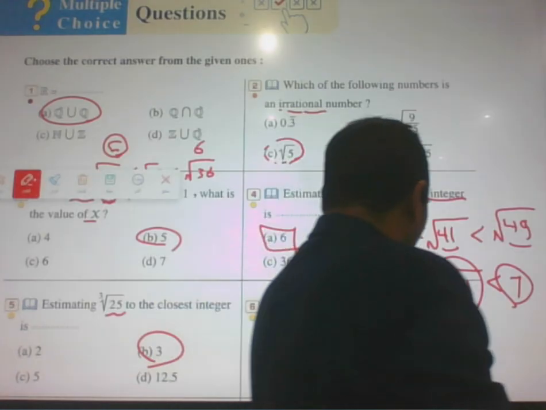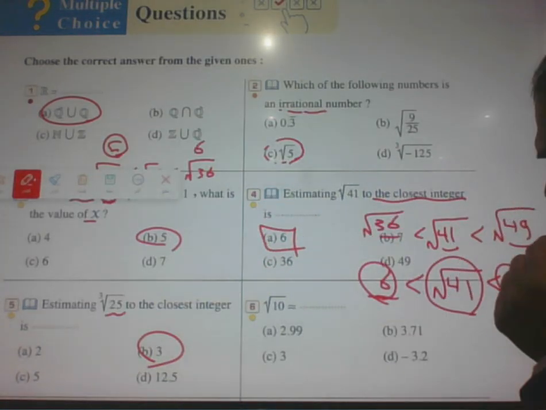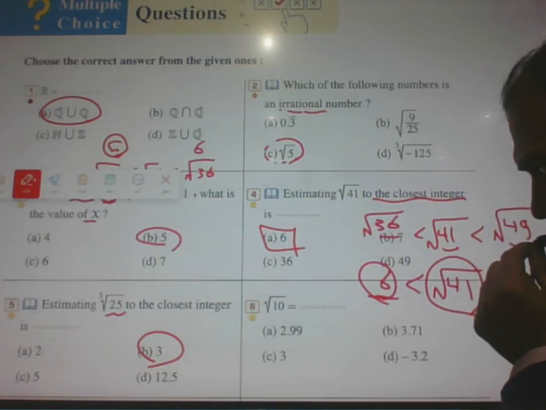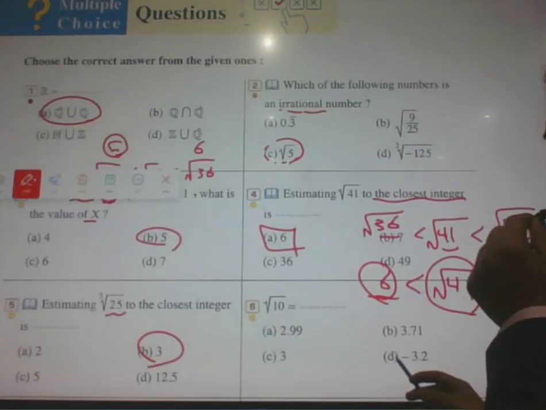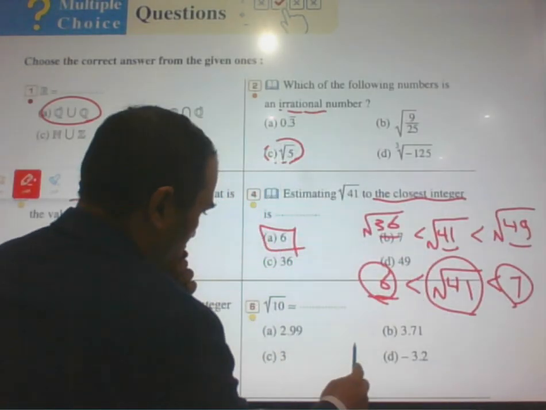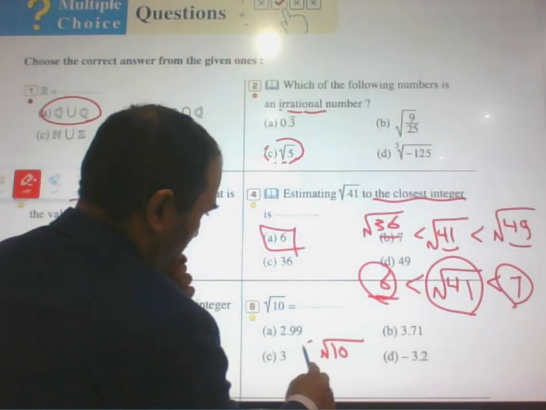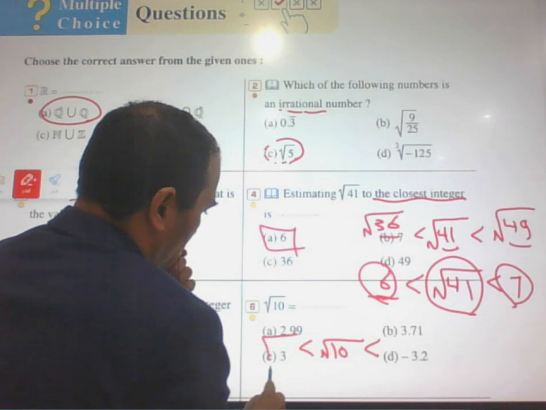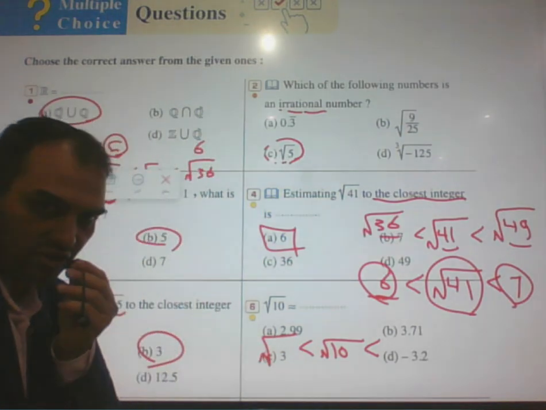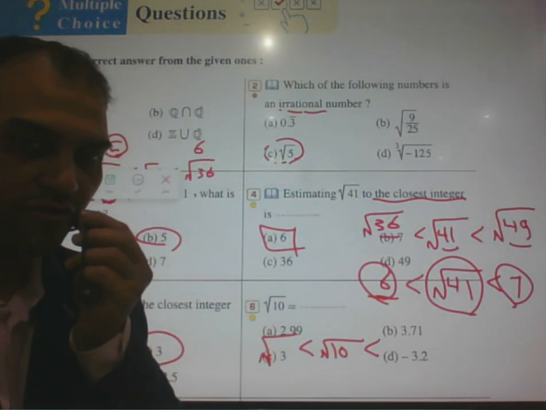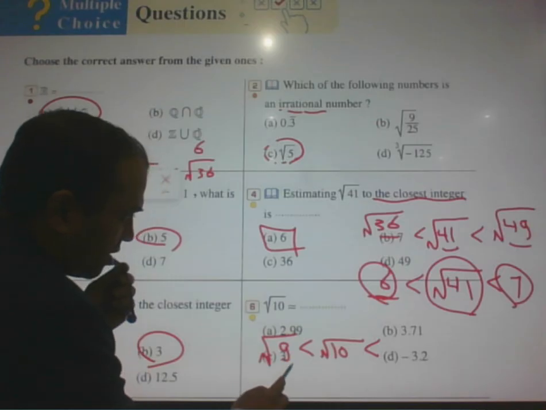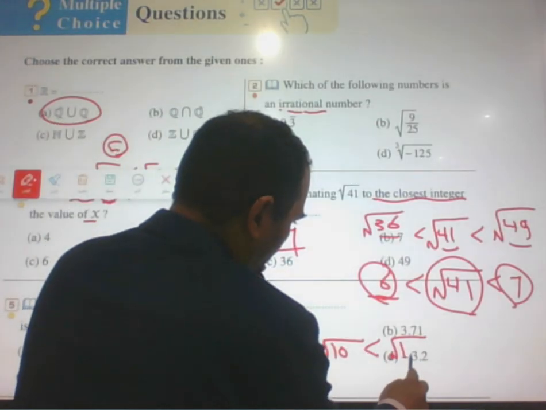Next question: square root of 10, approximating to what? We can write square root of 10 is greater than square root of 9 and less than square root of 16.